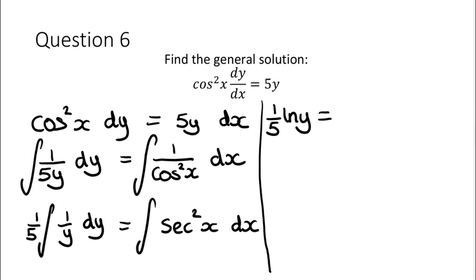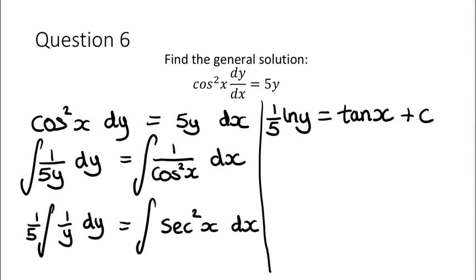And the result of that, when you integrate sec squared, you get tan x. You might recall that when you differentiate tan, you get sec squared. Finally, I'm going to put my constant of integration here, my plus c, on the right-hand side. It doesn't matter which side it goes on, as long as you have a plus c on one side here.